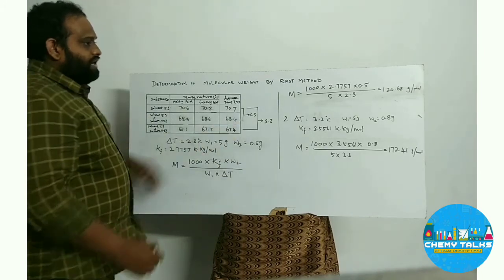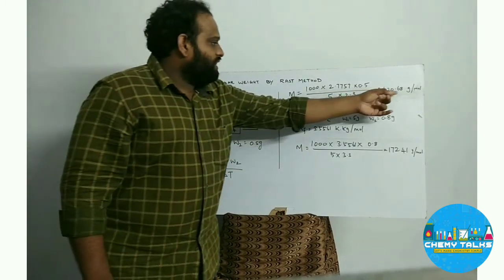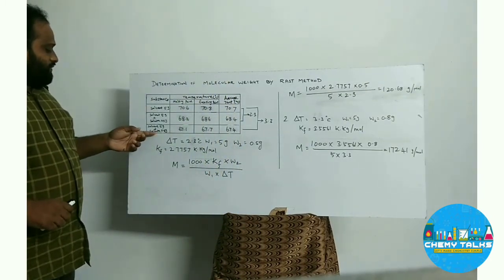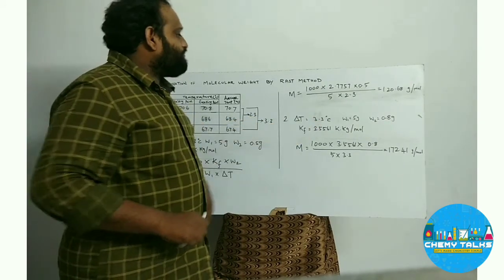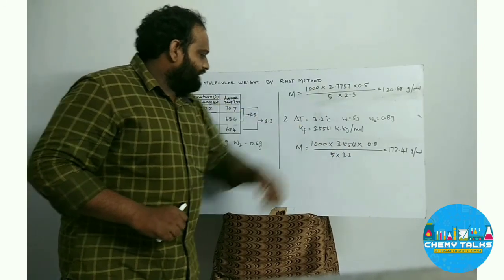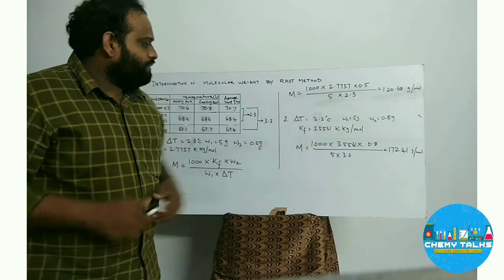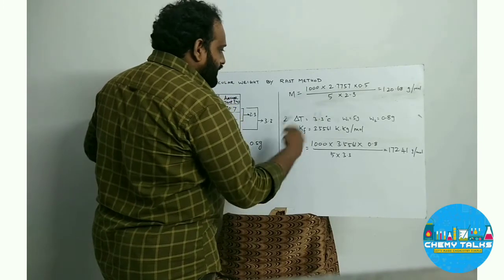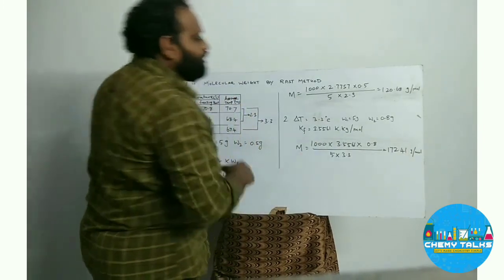Applying this value, we will get the molecular mass of the unknown substance, 120.68 gram per mole. Further addition of solute, we get the change in temperature 3.3. Weight of the solvent 5 gram, weight of the solute 0.8 gram, Kf 3.5561, and applying these values we will get another molecular weight, 172.41.